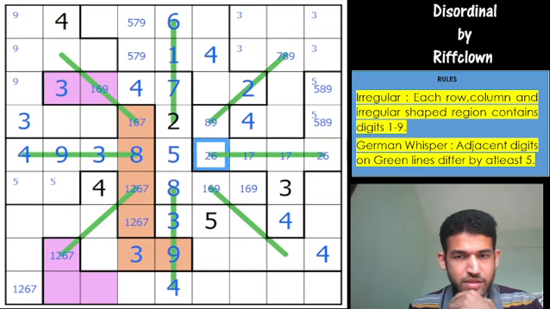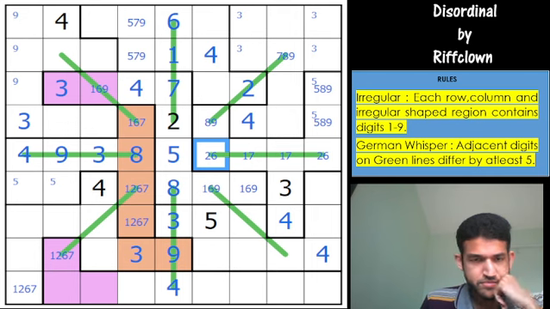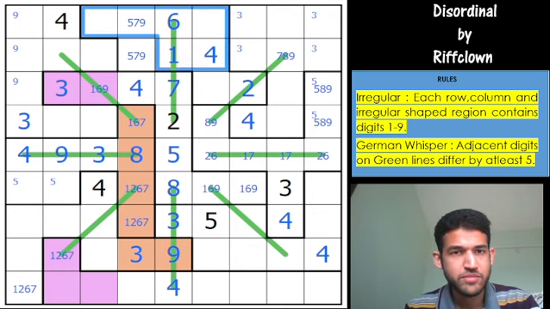Can we resolve this pair? That would be really useful. Don't think it can be resolved. Okay, the 3 in this region has to be in these two cells only, because it can't be here.